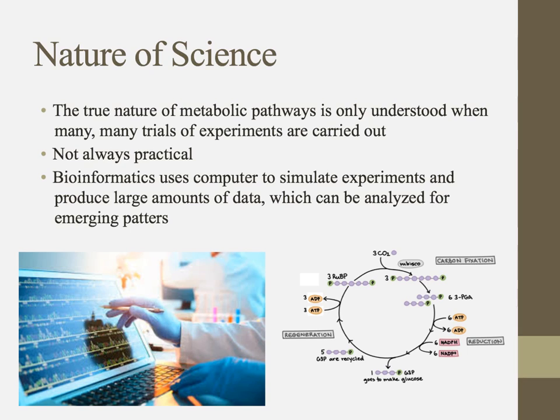So you may be wondering, how in the world do we know all of this? Well, some of it was done through some pretty gnarly experimentation, but a lot of those experiments are really time consuming, and there's just no way that we can carry them out with enough trials to really be able to pick up on some of these super intricate patterns.